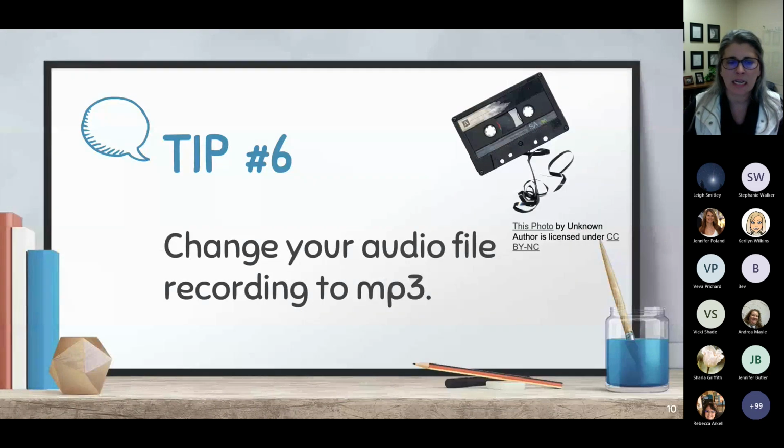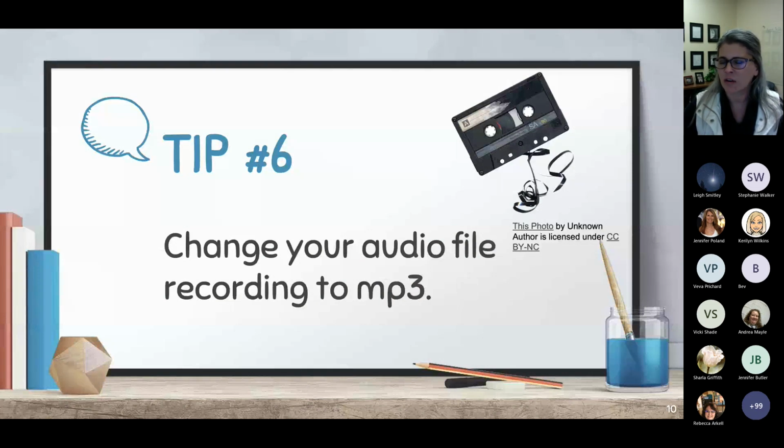One of the big things that I'm noticing is a lot of our files are coming in a format that is not compatible with our software system. So if you go to your automatic settings on whatever device you're going to use, whether it's an iPad or a digital recorder, make sure that it's set to an MP3, or I think it's called a WMV, even an MP4.